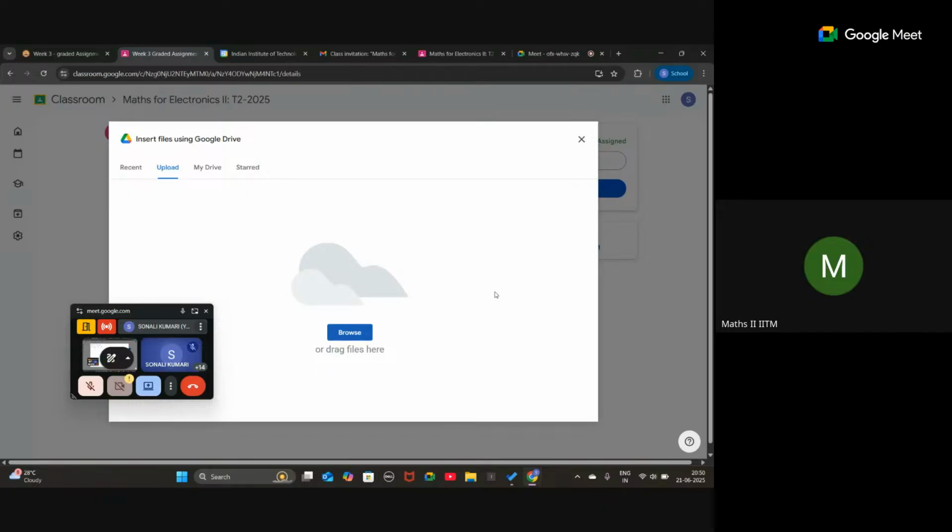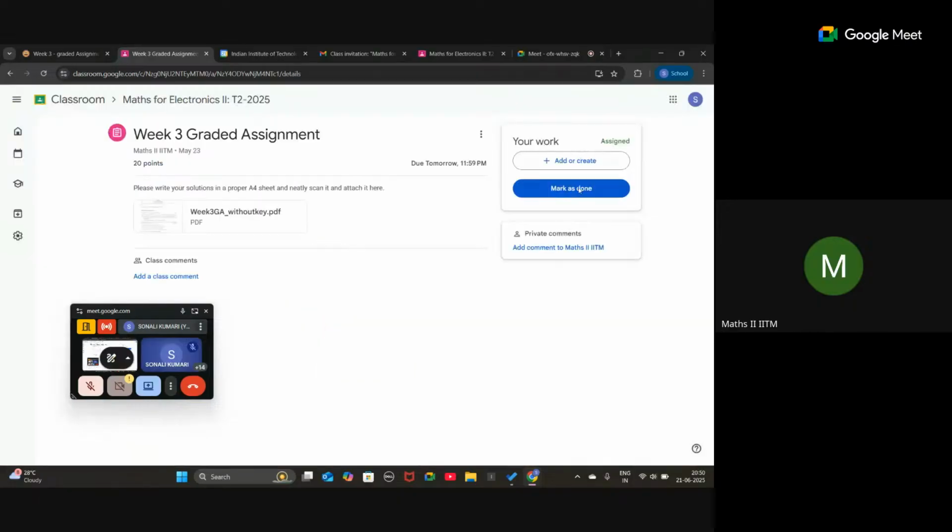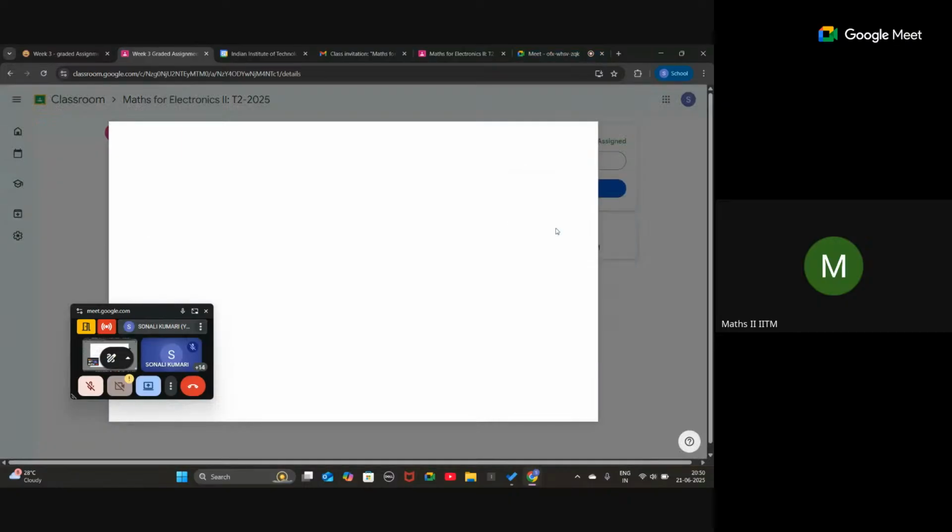Click and open that, or select it. Once you upload it, you can go ahead. Just add or create. Under the file option, browse and select that.